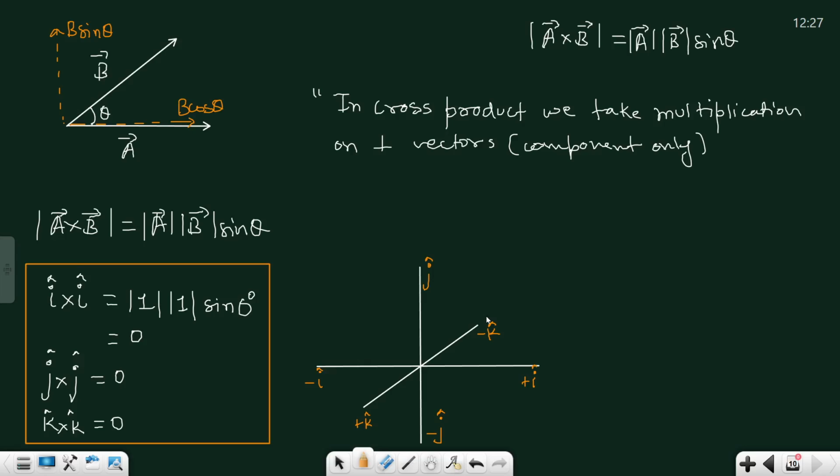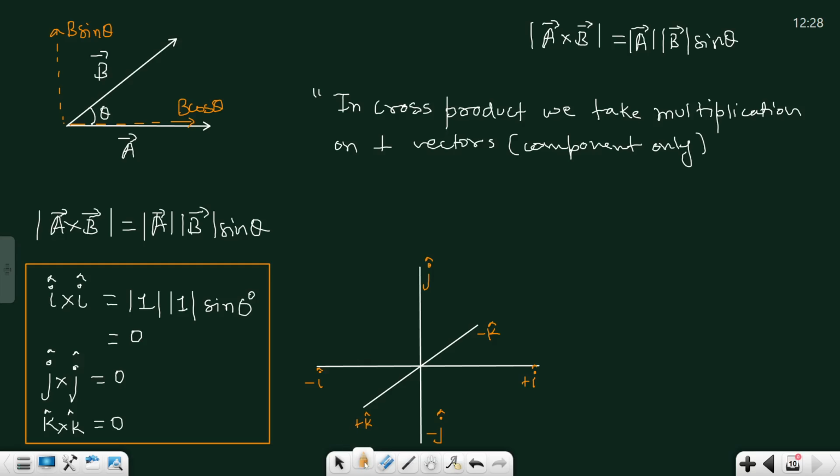Now again you have to apply the thumb rule. If you go for I cross J, what will you get? This I is A now. This is I, this is J. What unit vector are you getting if you go for I cross J?